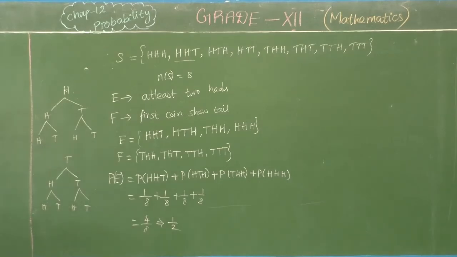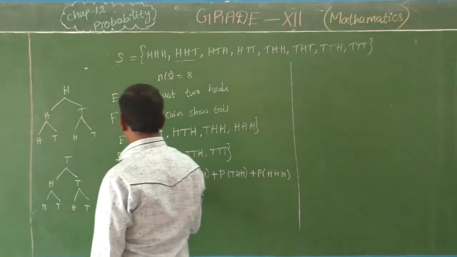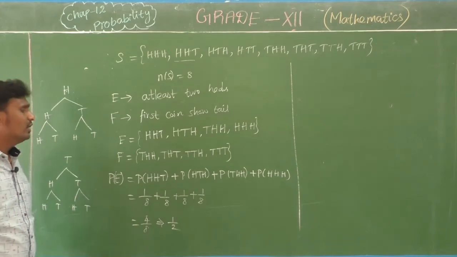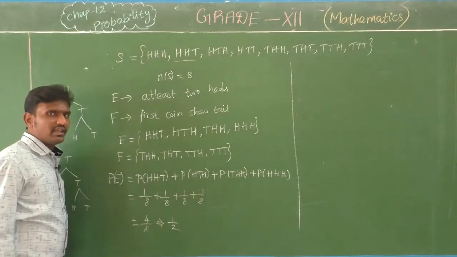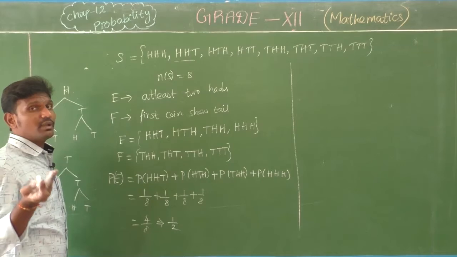Okay, and the next, I am going to take the probability of event F. So this is 1 by 8. It is very simple. P of E, now what is that? n of E by n of S. So first event is HHT, 1 by 8, where 8 is n of S, the total number of outcomes.